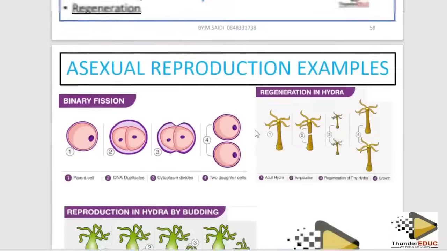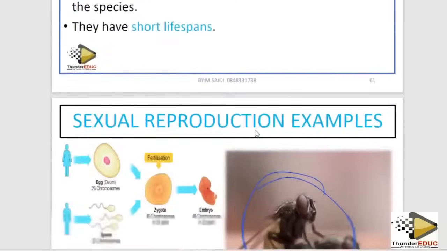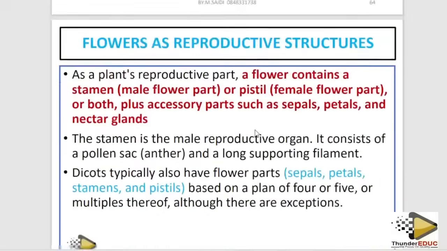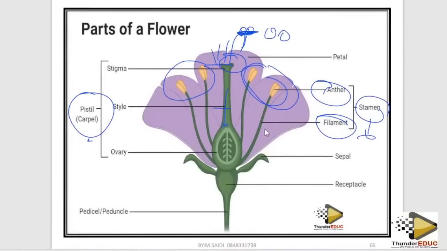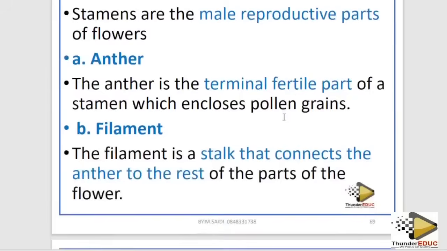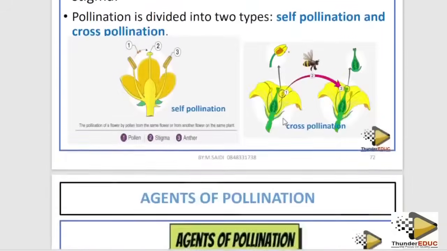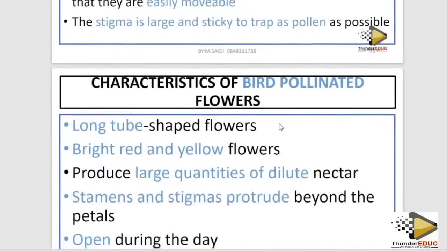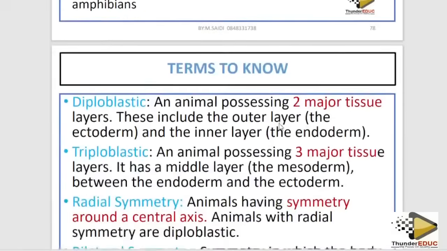I showed you the questions. And then also the flower, I talked about the structure of a flower and the different structures of a flower. I explained and I asked you, how do you identify this is insect pollinated, this is non-insect pollinated? You see, I explained it. And then I also talked about the difference between insect pollinated and wind pollinated. Please make sure that you know that.